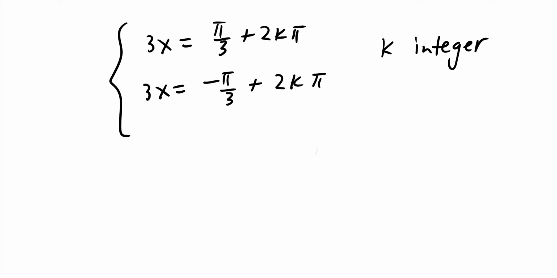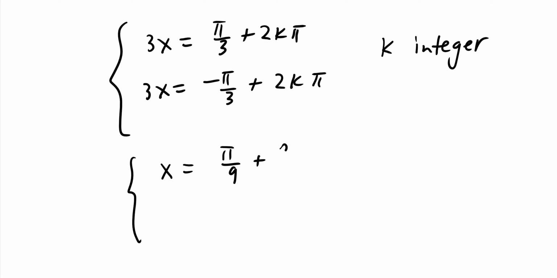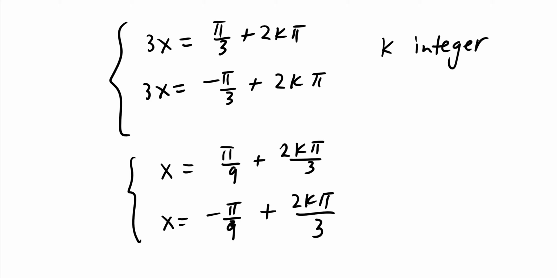So now we can take the first equation and divide everything by 3. That will make it pi over 9 plus 2k pi over 3. If you divide here by 3, that will make it negative pi over 9 plus 2k pi over 3. And now it's ready for us to select values for k.